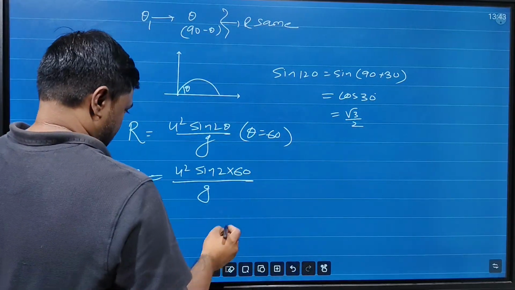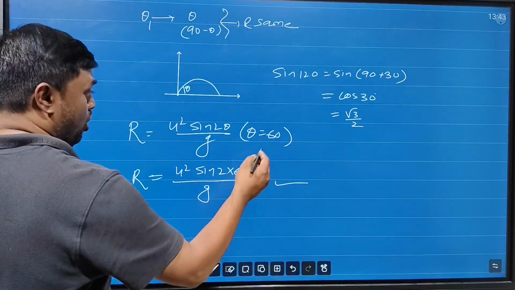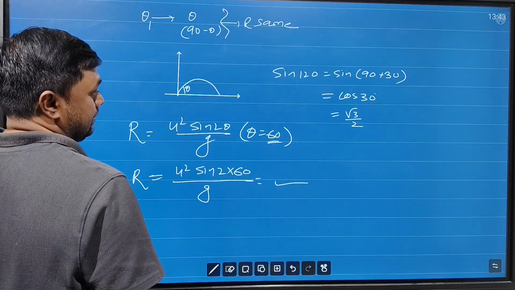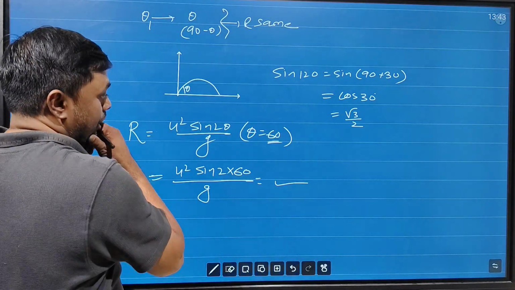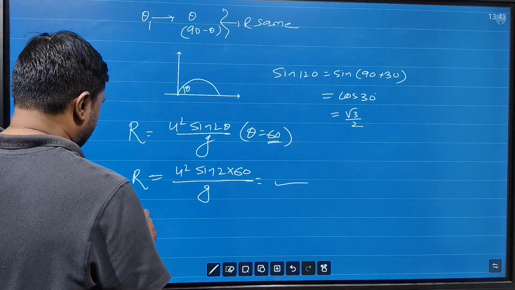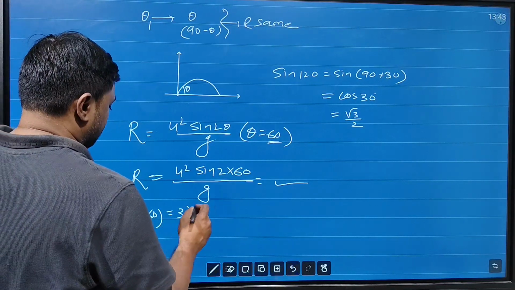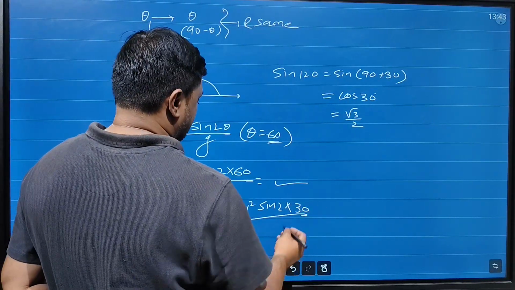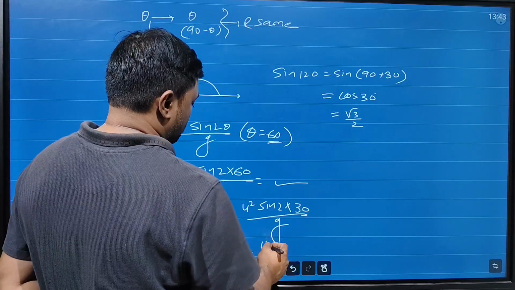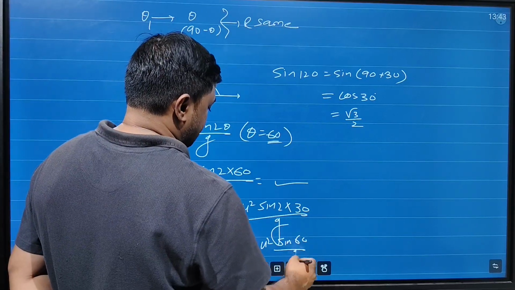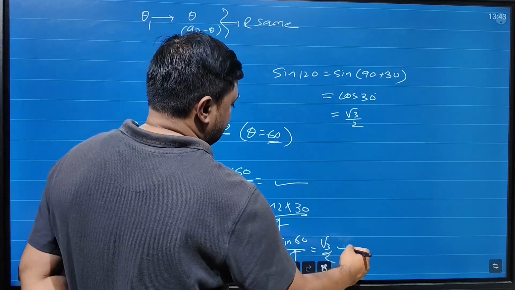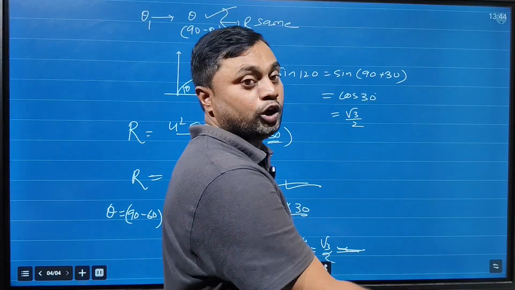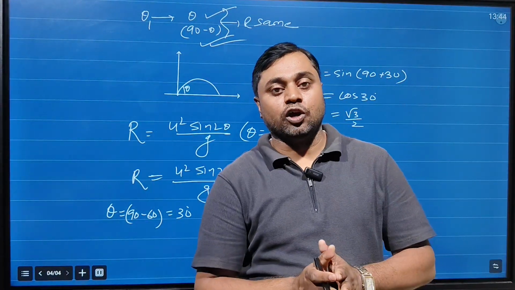Or, for 90 minus 60, theta is 30 degrees. So the range will be u square sin 2 into 30, that is sin 60 degrees, upon g. Sin 60 is also root 3 by 2, so it is the same. So when the particle is projected at theta or 90 minus theta, the range is the same. I hope you understood these concepts.